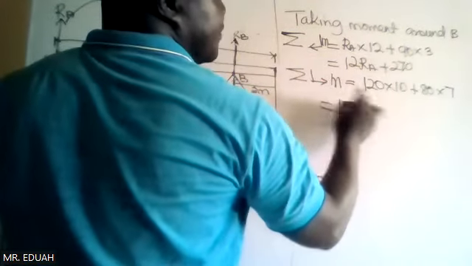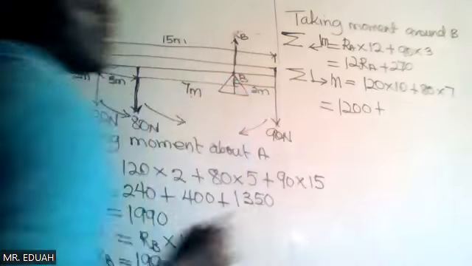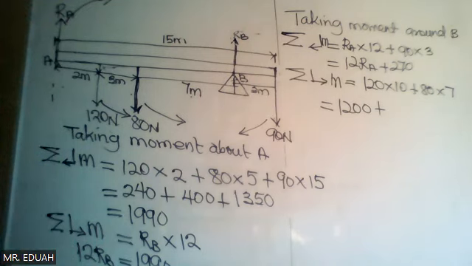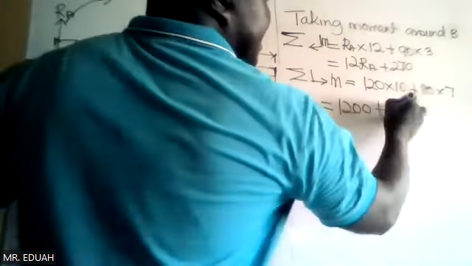So we have 1,200 plus, what is 8 by 7? 56. So 560.